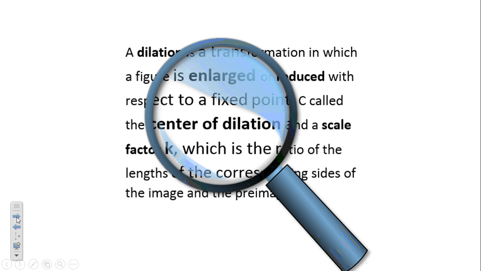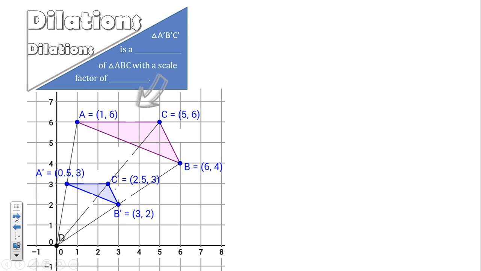All right, so the next thing we're talking about then, I want you to focus on this big part of your drawing. The big part of your drawing has 2 triangles. Mine are pink and blue. So when you look at the pink and the blue triangles, which one is the preimage and which one is the image?